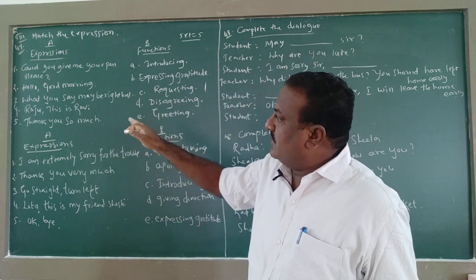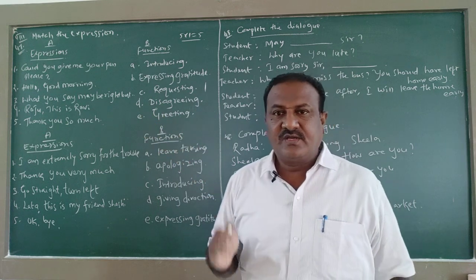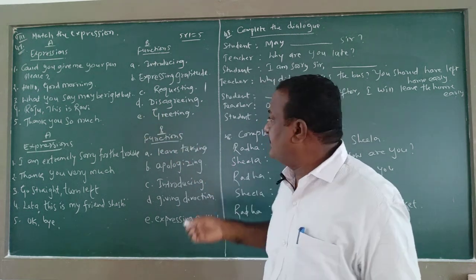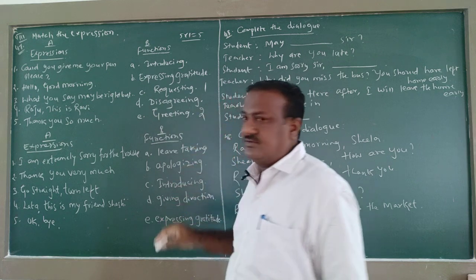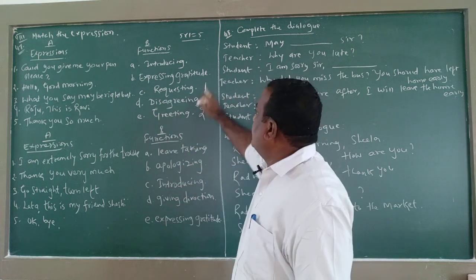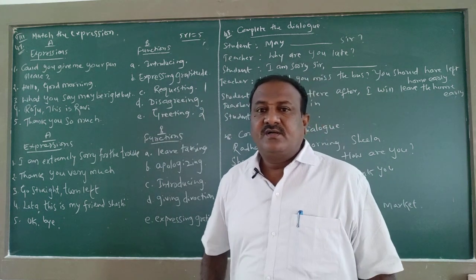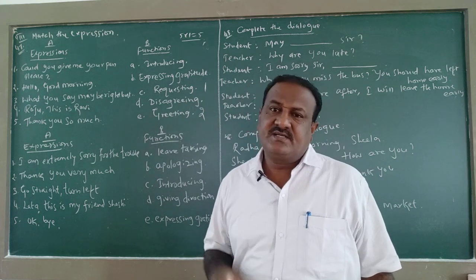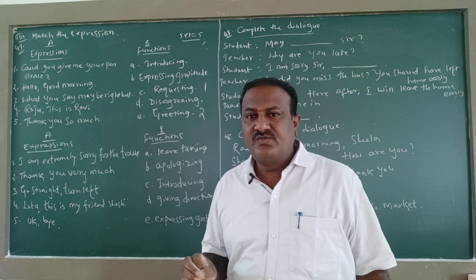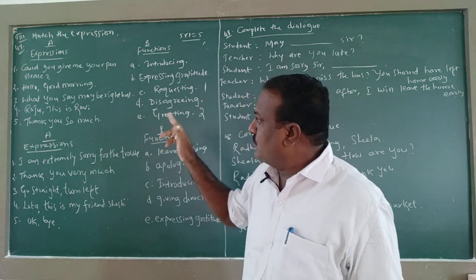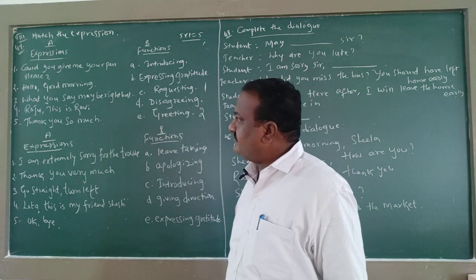Second one you see, hello, good morning. So, what is it here? Greeting. Don't confuse, because 5 marks will be there here. If you make a mistake, then you are going to lose marks. So, hello, good morning, greeting.